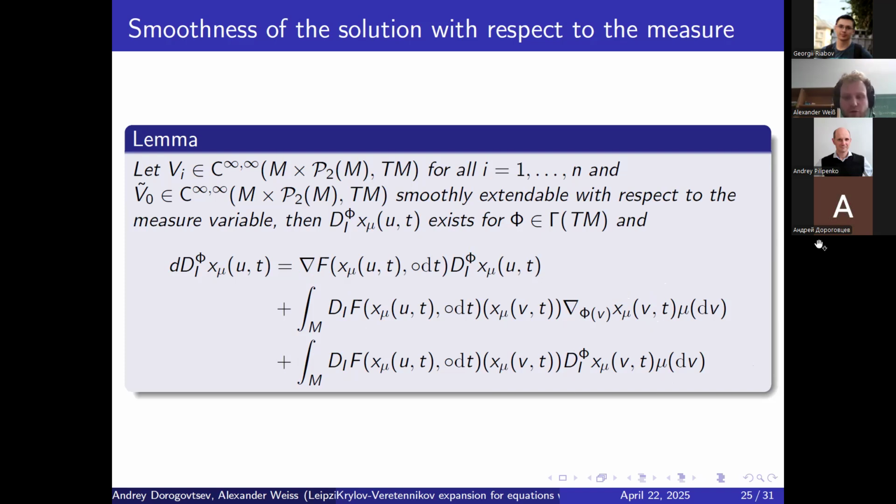The proof is pretty, well, not simple, but the ingredients for the proof were already there. We embed our equation into Rn and show the theorem there, because there were already previous results.